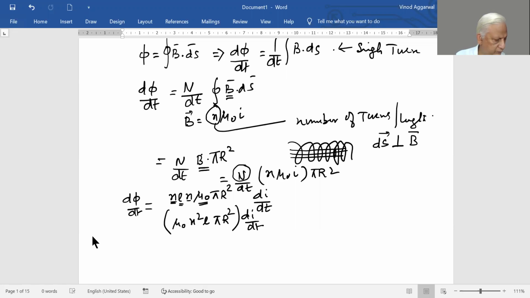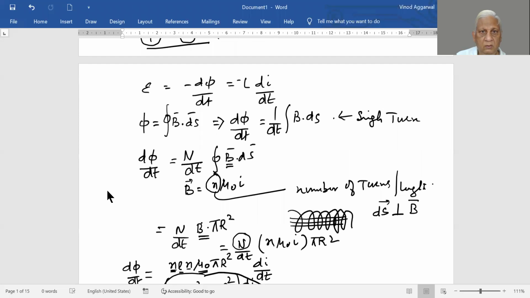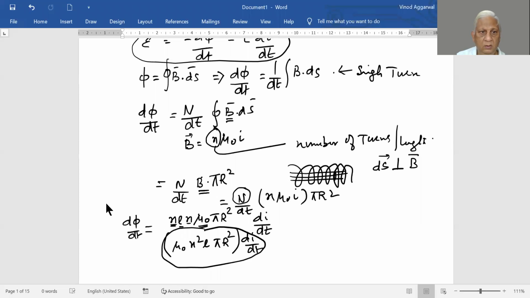Now, if you compare this expression vis-a-vis this expression, so if you take the minus sign, this is your EMF.